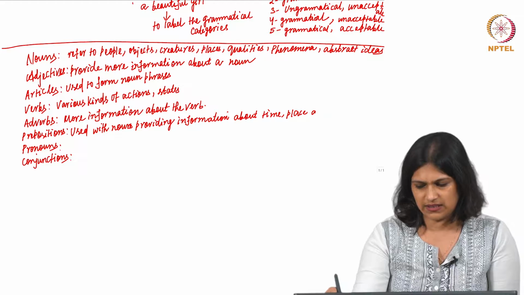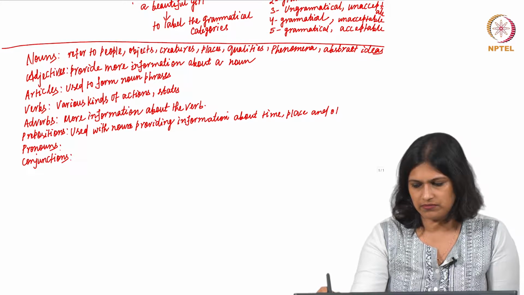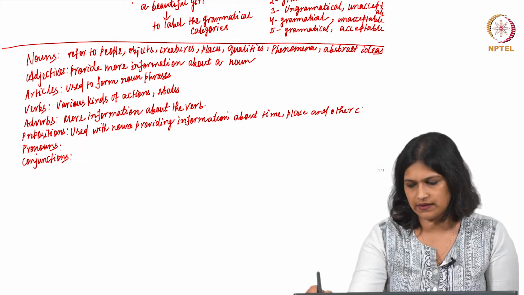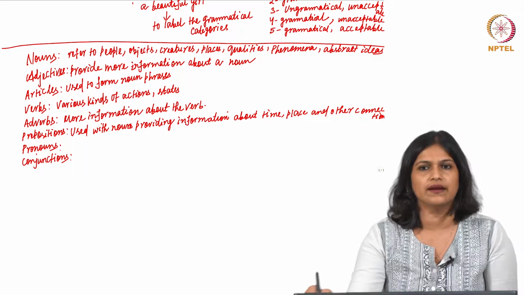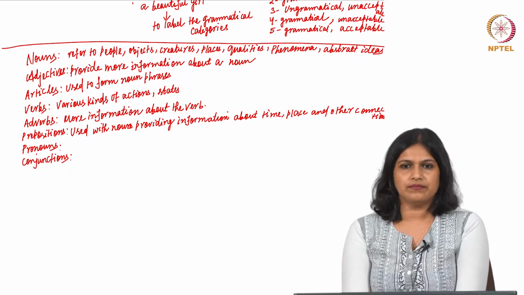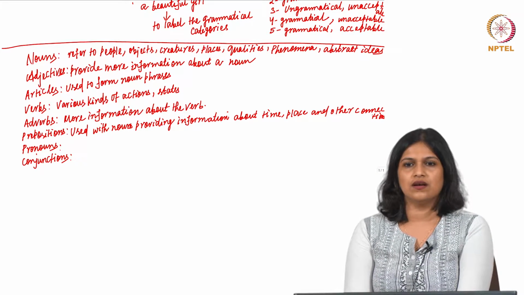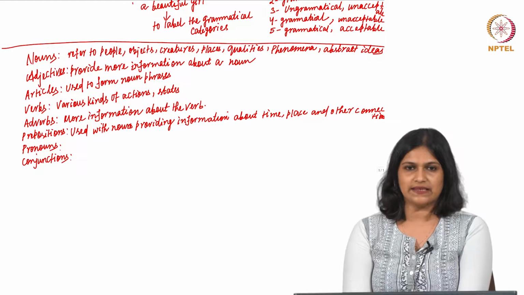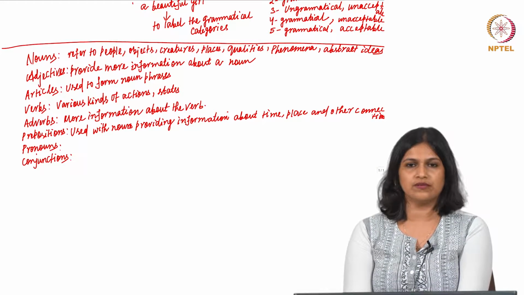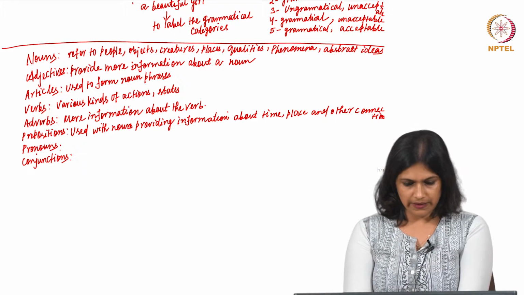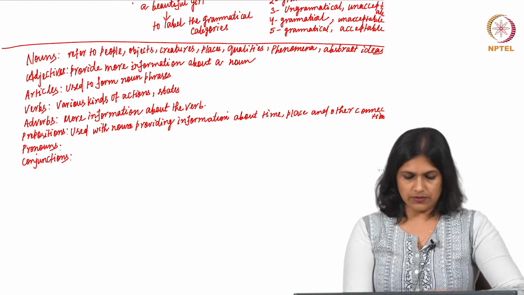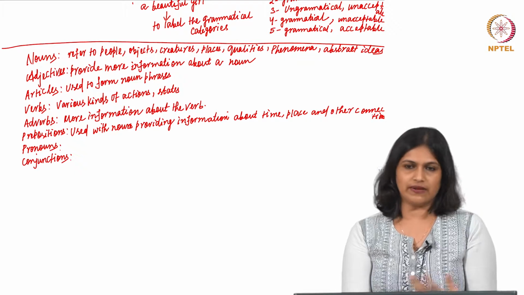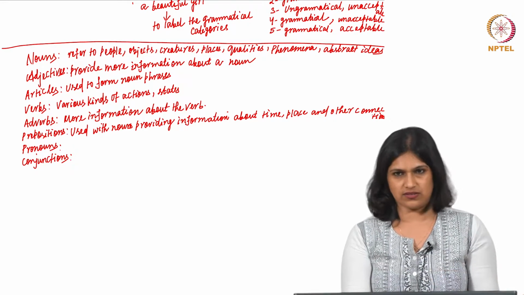And other connections, let us say, I am going with my friends. So, that is like you are talking about some other connections out there. Okay. So, these are the informations that you get when you use a preposition. In most of the cases, the prepositions provide information related to time, place and other connections.